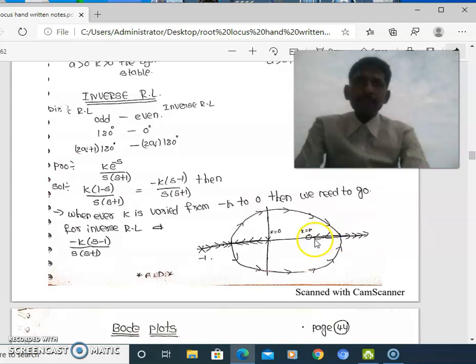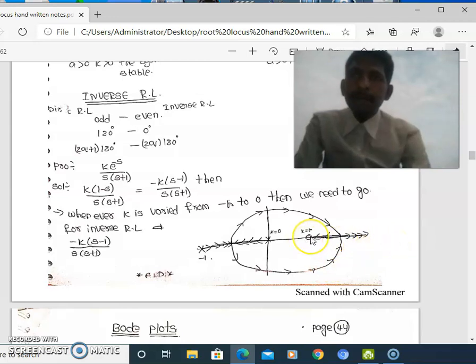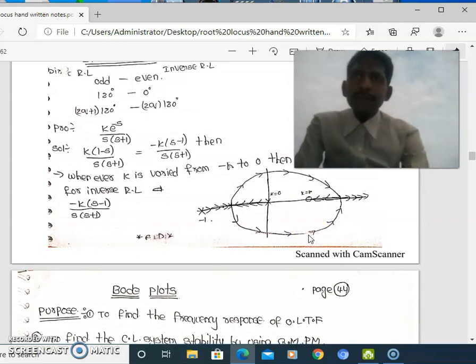Two poles are there, 1 zero is there. One pole will be ending at the 1 zero. One more pole will be ending somewhere; we will assume a zero is present at infinity. This one pole will end at infinity. So this is the inverse root locus.